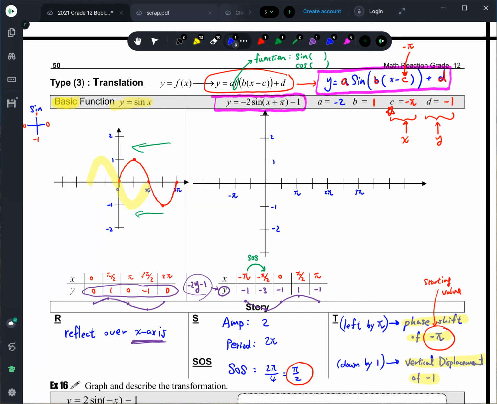Okay, if you are done with the graph, please raise your hand. Just follow the table.